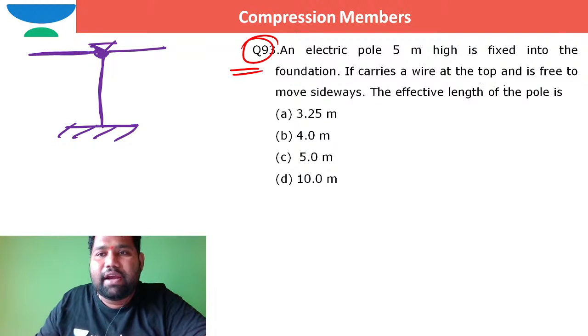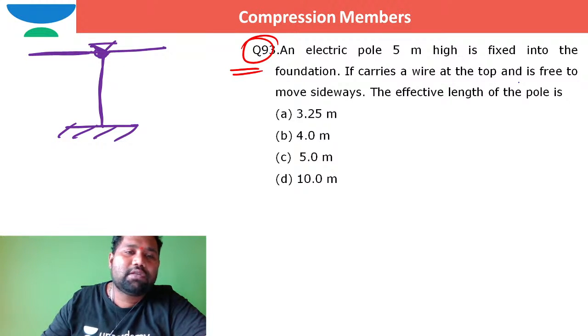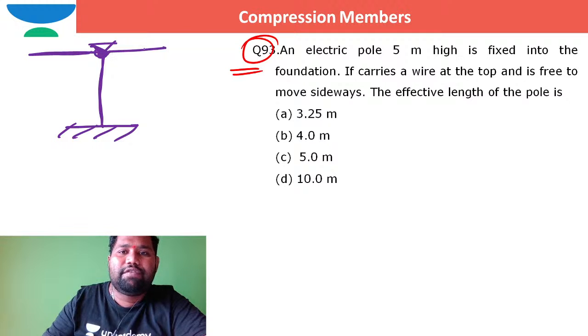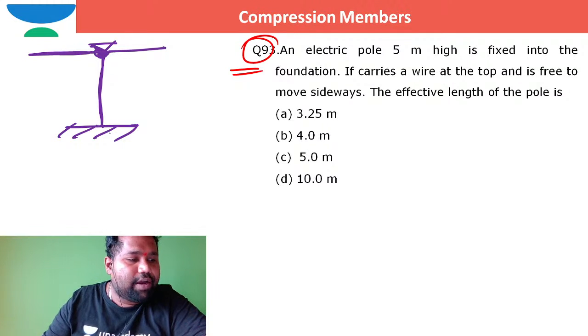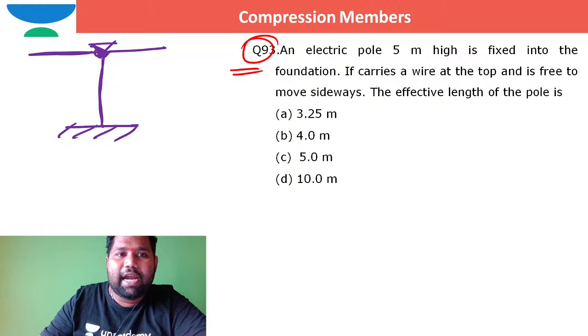It carries a wire at the top, and it is free to move sideways. When it is free to move sideways, but it is directly attached with this wire, this is the wire and this is the wire.